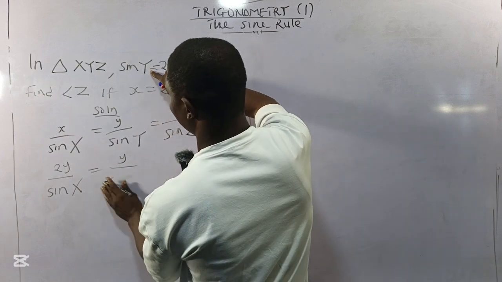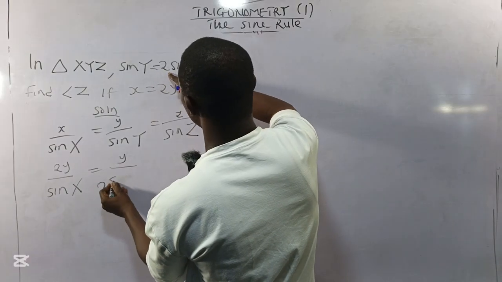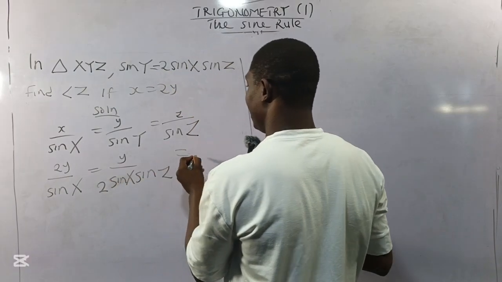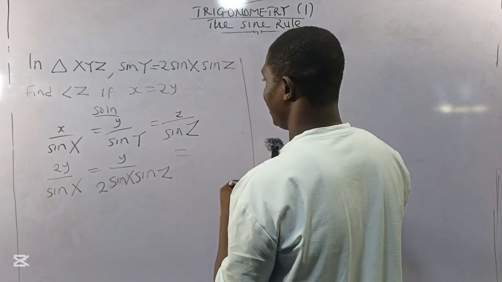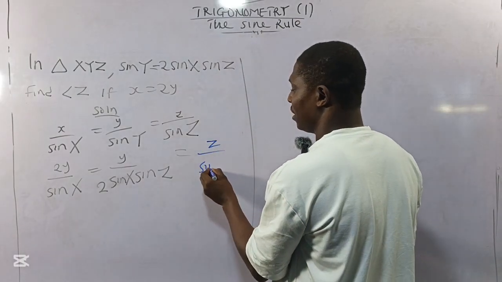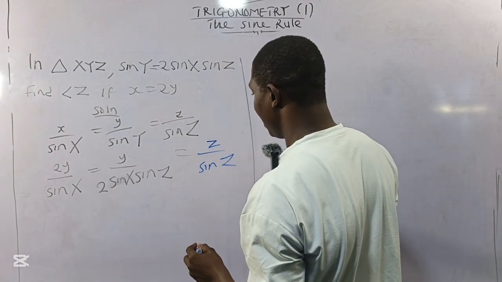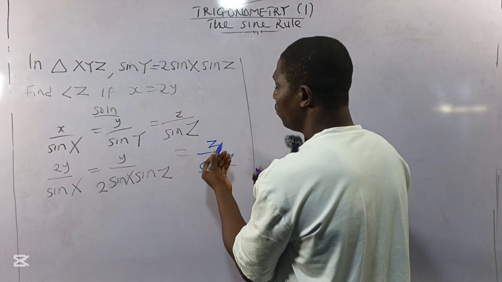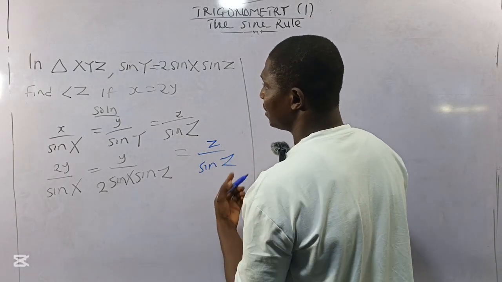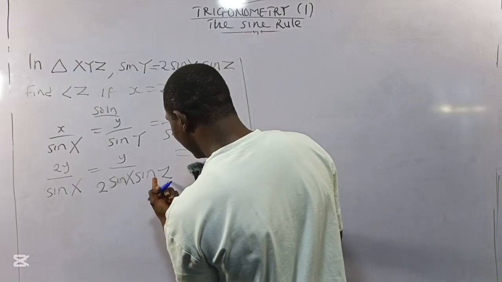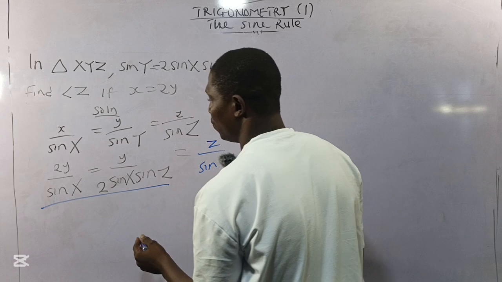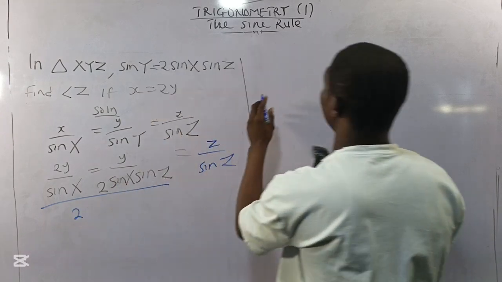And I have sine y is equal to 2 sine x sine z, and equal to, I still have z all over sine Z. Now, these two have no information. Z was not given, sine z was not given. So since I have z here and I'm looking for angle z, let me focus on these two. Let me use the top.